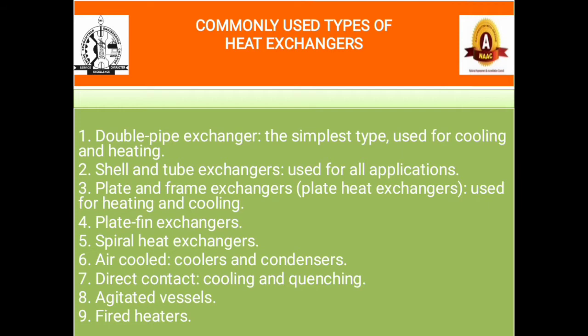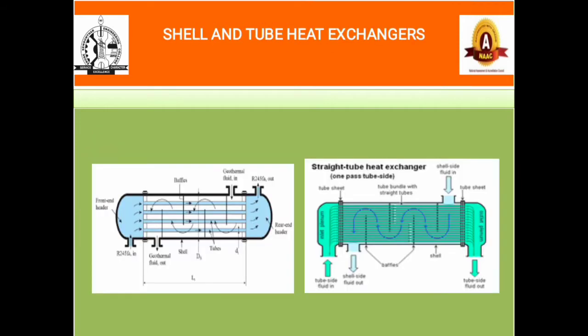They are easy to clean, easy to install, and easy to fabricate. Then plate and frame heat exchangers are used for some special purpose fluids. Chillers and coolers use plate and frame heat exchangers. For food acids, food chemicals and other heat sensitive materials, plate and frame heat exchangers are most useful.